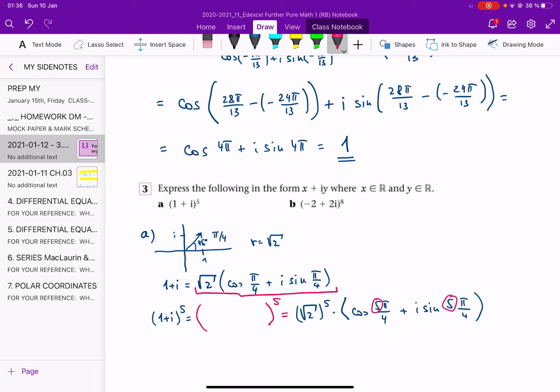Then you can simplify it, because root of 2 to the power of 5 is 4 root of 2, times cosine 5 pi over 4. That is in the third quadrant, so it's negative root of 2 over 2 and negative root of 2 over 2 i. When you simplify this, the 2s cancel out, so minus 4 minus 4i.